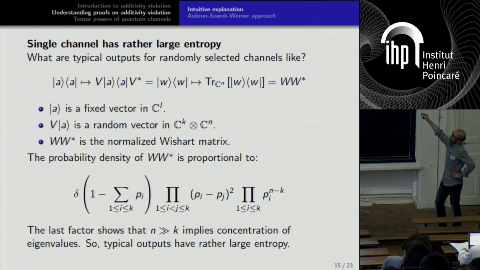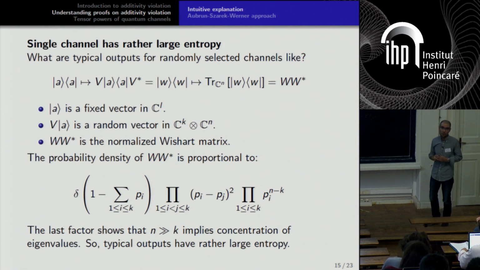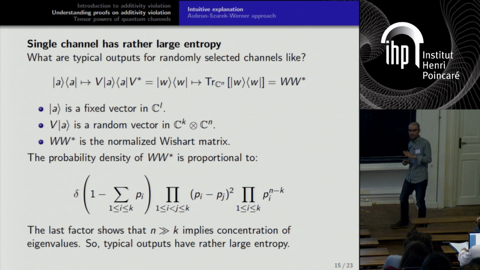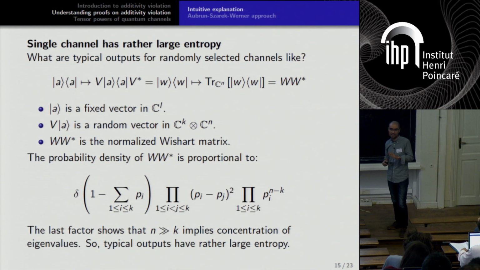So far, we fixed the input and took random quantum channels, and we saw what's happening. But to calculate the minimum output entropy, we actually have to fix the quantum channel first, and go over all inputs of the quantum channel to look for the minimum output entropy.